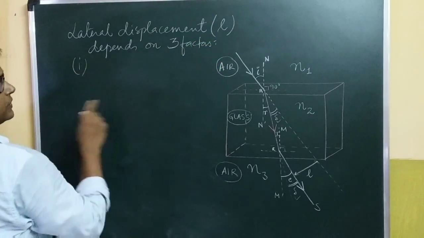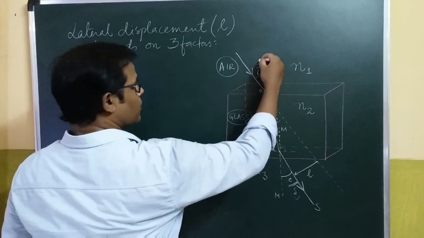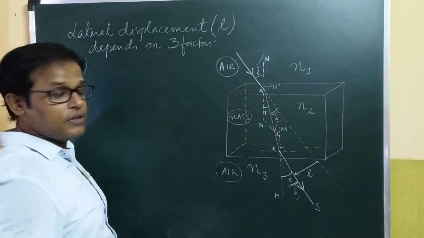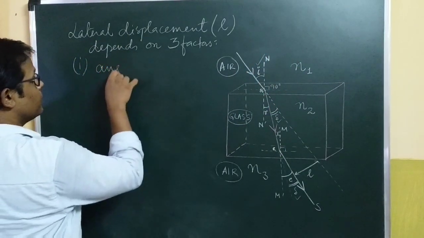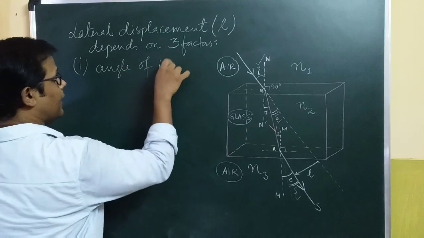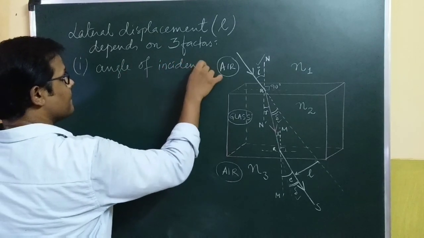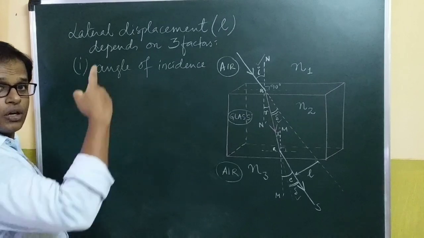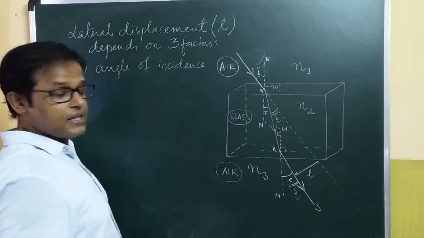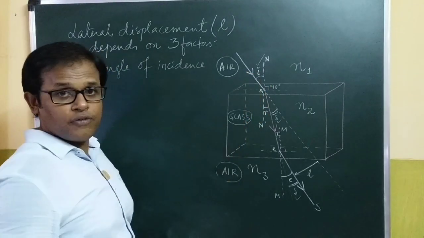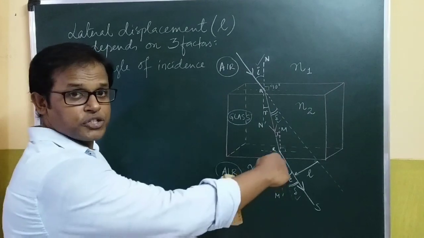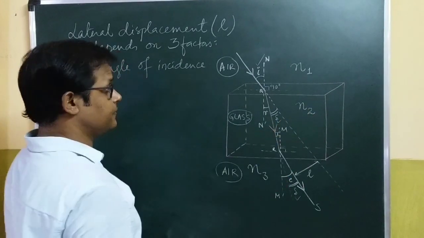Number one, yes, it depends upon how large is your angle of incidence, that is angle I, and it is directly proportional to the angle of incidence. It means that larger is the angle of incidence, larger will be the lateral displacement.